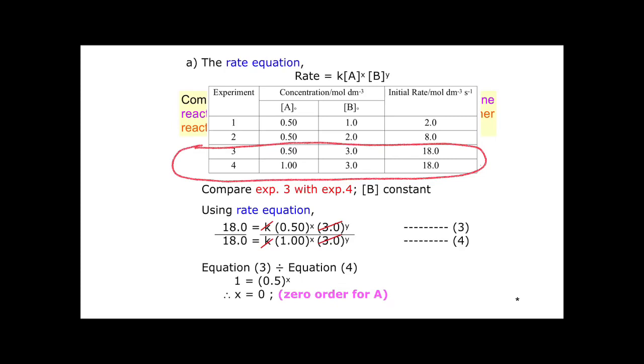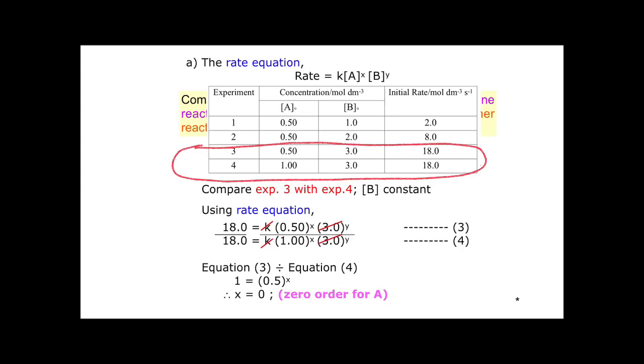So, kita boleh ambil data eksperimen 3 bahagikan dengan data eksperimen 4. So, bahagian atas adalah data eksperimen 3, initial rate 18, kemudian K, concentration A 0.5, concentration B 3.0. Bawah eksperimen 4, initial rate 18, K, concentration A 1.0, concentration B 3.0.